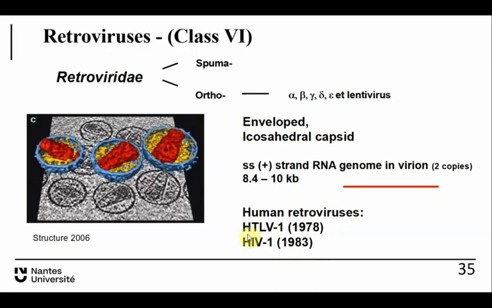So this is a zoonotic event. So it's a simian virus that was transferred to humans with multiple transmission events. So there are HIV-1 and HIV-2. There are 2 distinct species of human immunodeficiency virus.